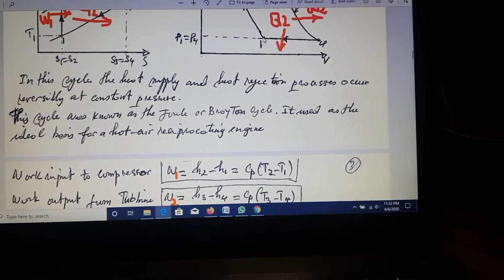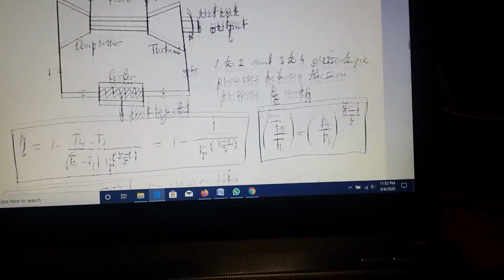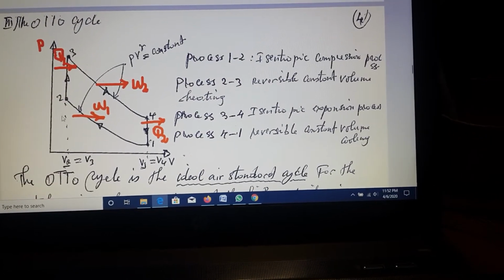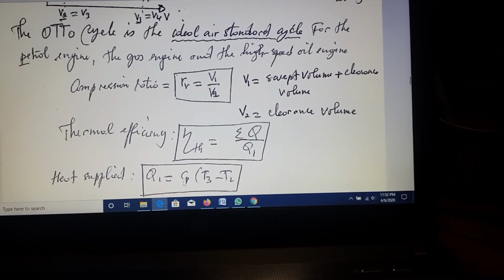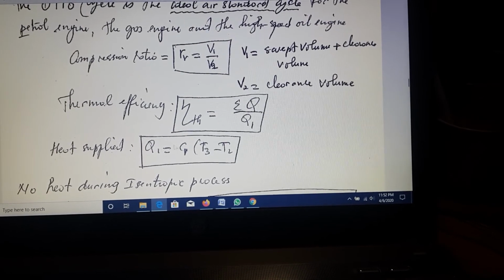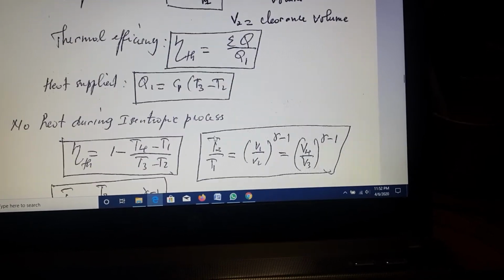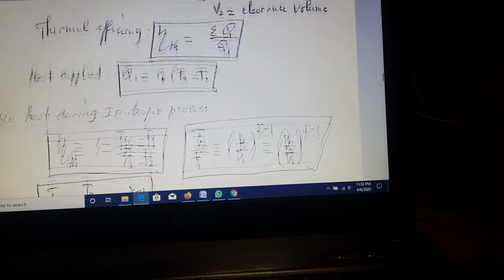When it's horizontal, it means that the pressure is constant. Here it is vertical, that is the volume. That's why you use CV, and then to get your Q1 there.